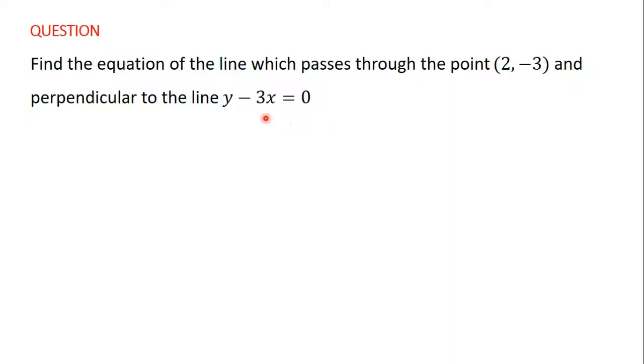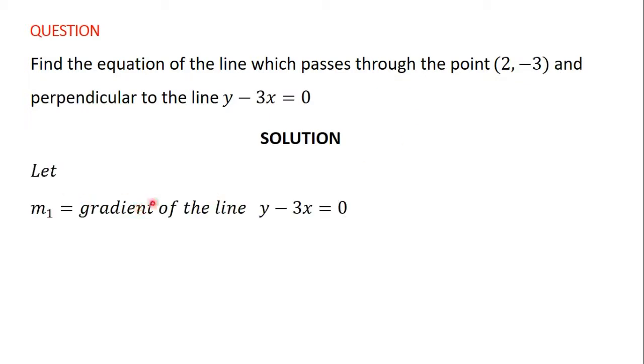So if you're able to find the gradient of the line y minus 3x is equal to 0, and we multiply it by the gradient of the line passing through the point (2, -3), we will get minus 1. With that formula, we can find the gradient of the line passing through the point (2, -3). With the gradient and the point (2, -3), we can find the equation of the line.